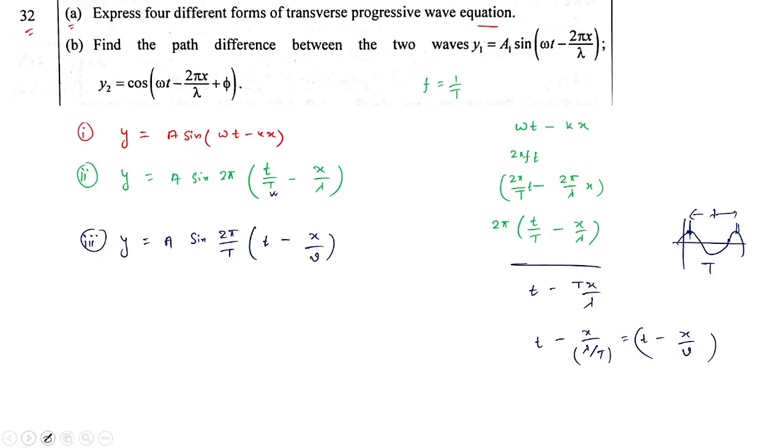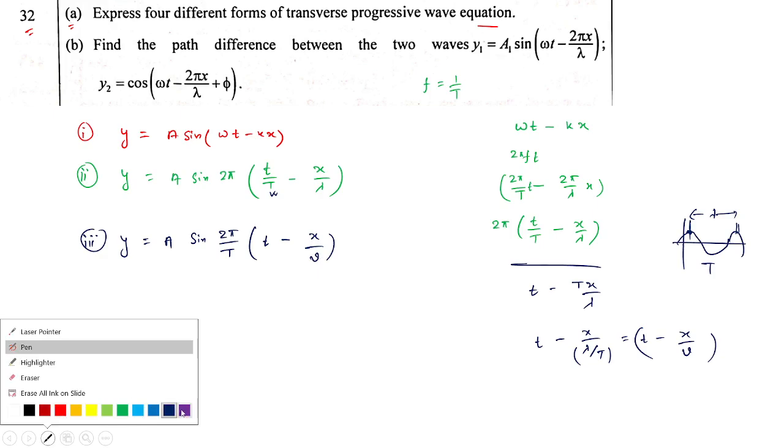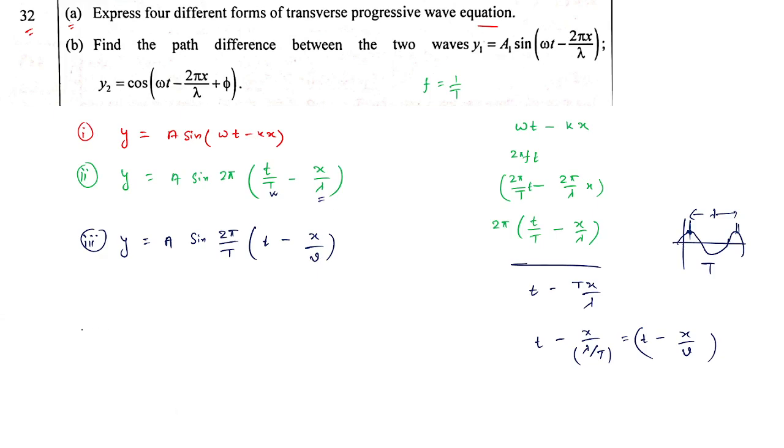Now we will take common this λ. Then how will it look? y = a sin (2π/λ) times (λt/T − x), correct?